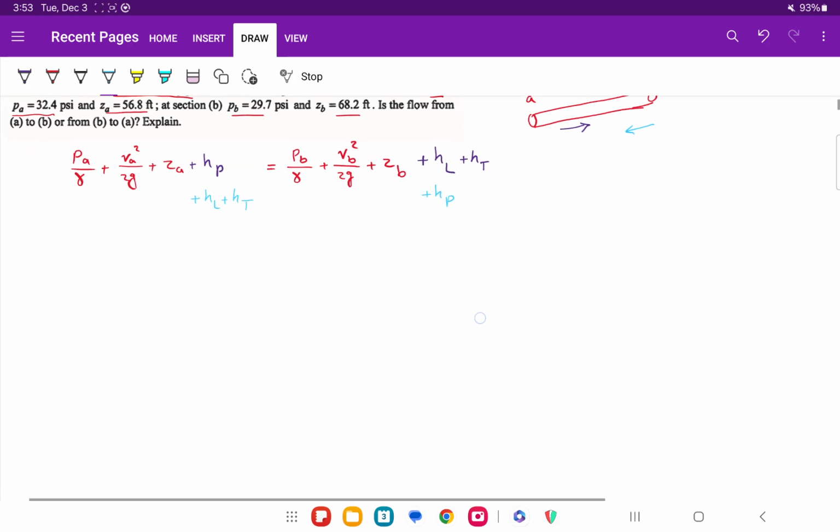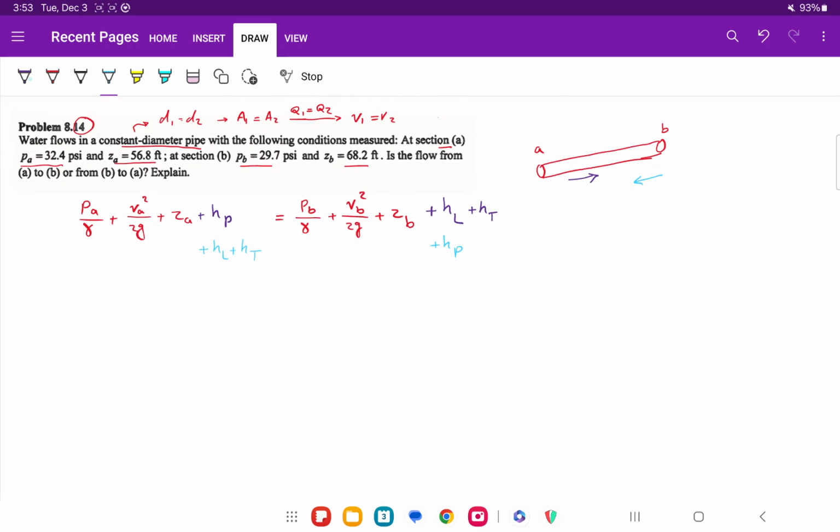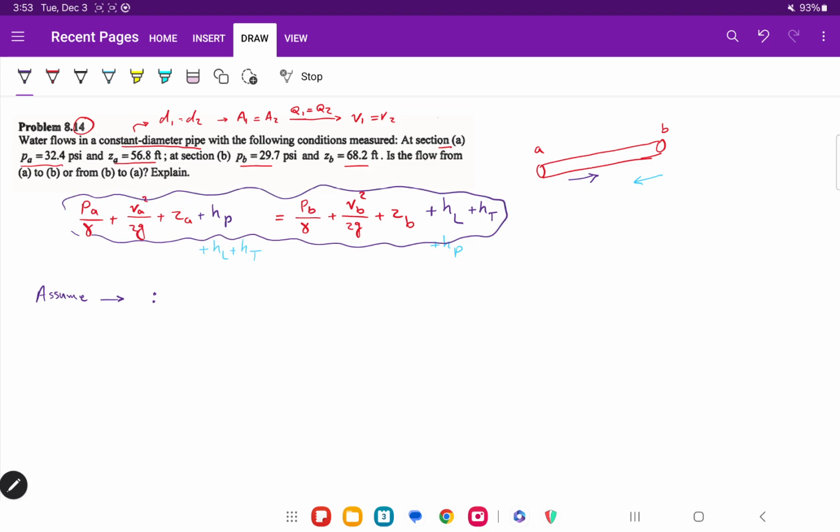Okay, so in this problem, since we don't know the flow direction, we should assume one direction and then solve the problem. So if we assume this is the flow direction, we should use this type of energy equation, and since there is no pump and turbine, these terms are gone.